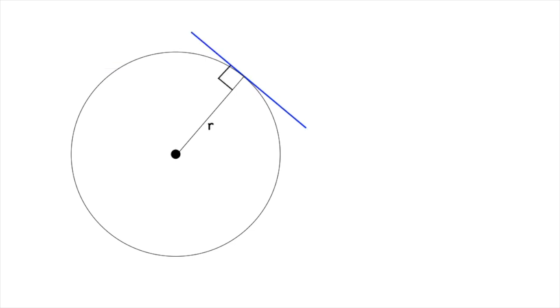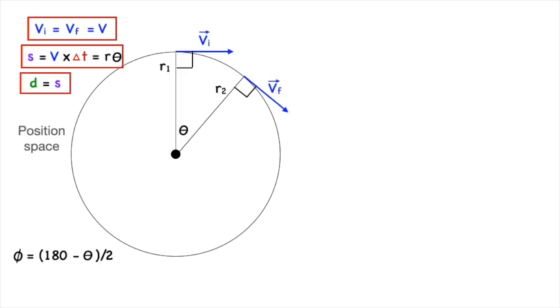A tangent to a circle always forms a right angle with a radius drawn to the point of tangency. Here I have indicated the two right angles formed by v sub I with r1 and by v sub f with r2. Now, for our proof, we need a 0-degree reference direction. And here it is.